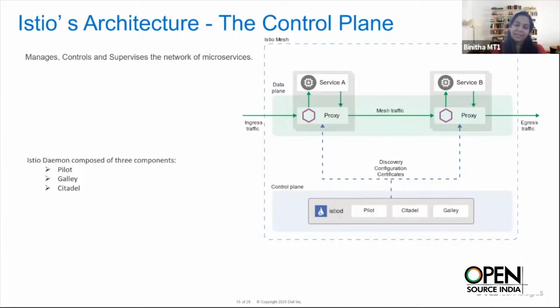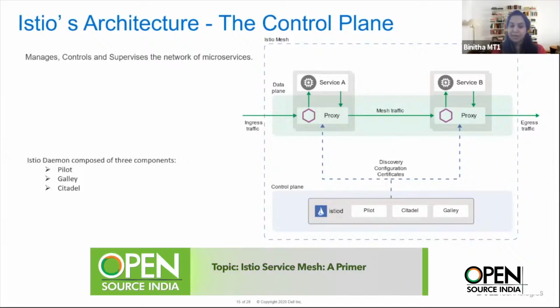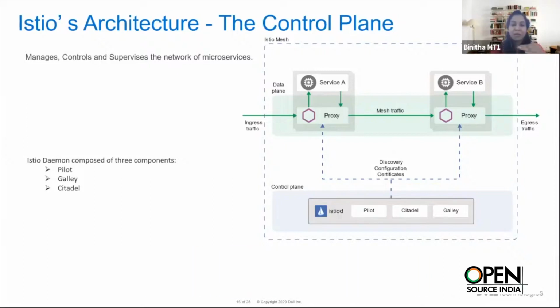What it basically does is help with service discovery, and your proxy configuration is done via Pilot. It is also one of the main components that does a lot of things. All the communication between your proxy and your data plane and control plane is done most majorly via Pilot.